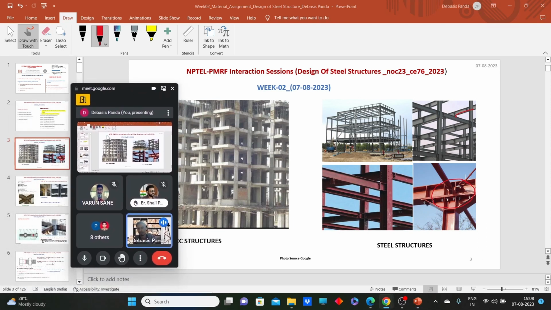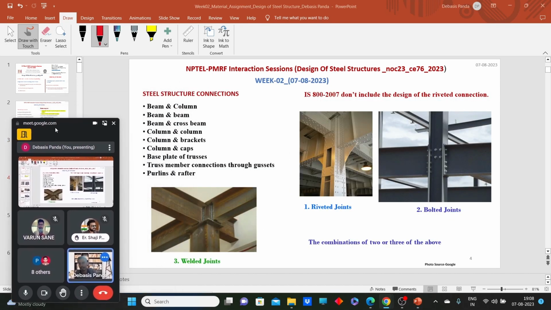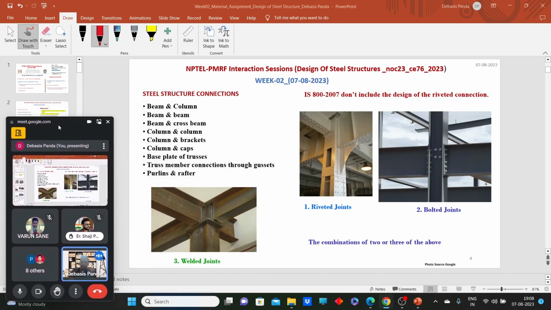First, the riveted connections, where we discussed the basics of rivets, because our code IS 800:2007 doesn't include the rivet part. Most connections in this course will be designed using bolt or weld. Then we went through bolted joints and learned some specifications about bolts.